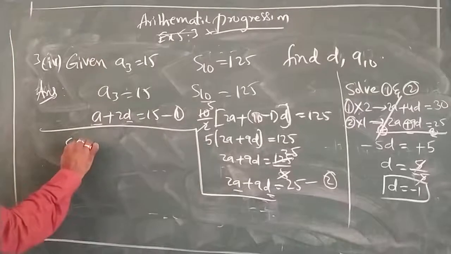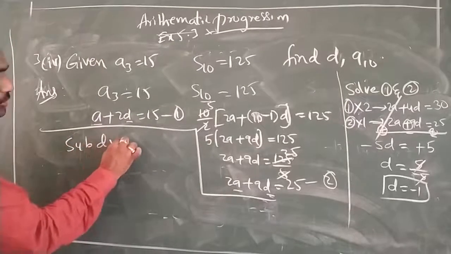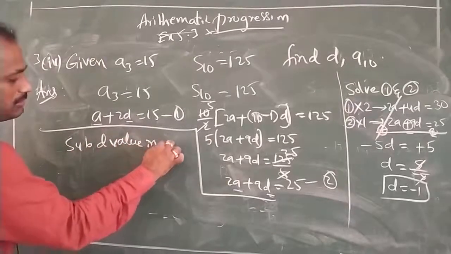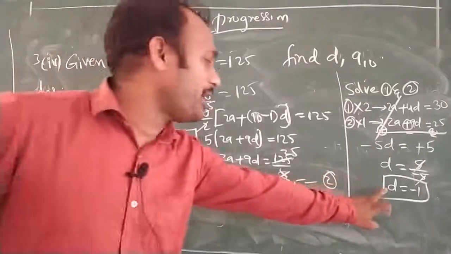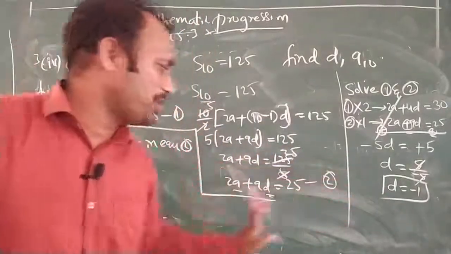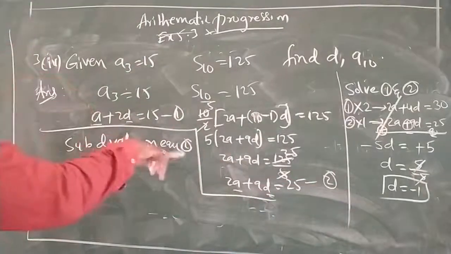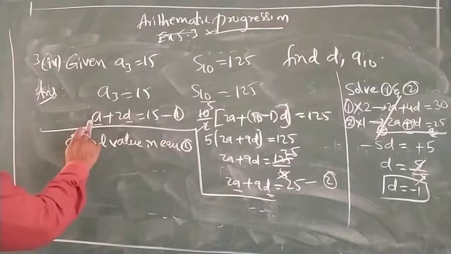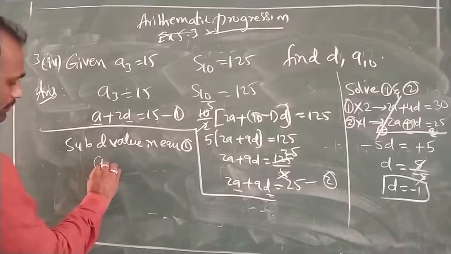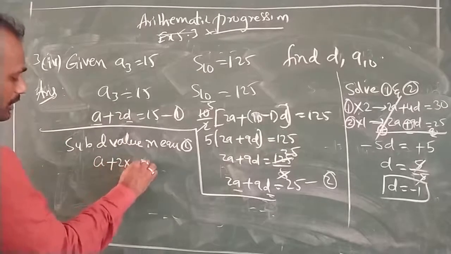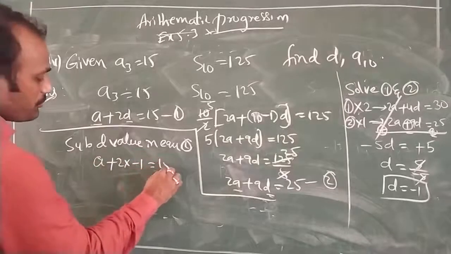So substitute the D value in equation 1. I can substitute the D value either in equation 1 or in equation 2, our choice. So I am substituting in equation 1. How will it become here? Equation 1: A as such plus 2 into D value, minus 1, is equal to 15.